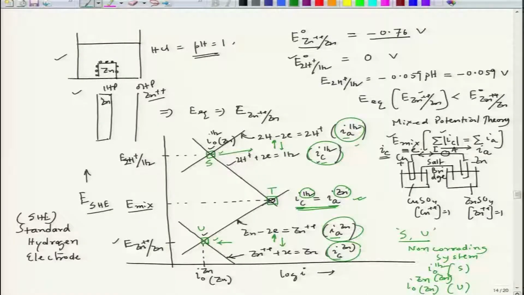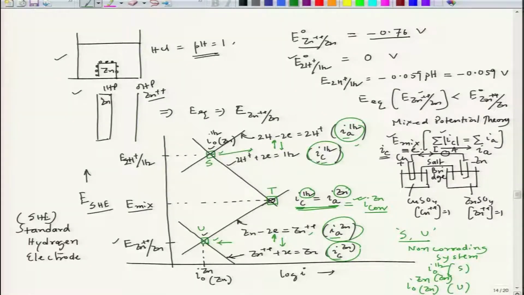Now, coming to further, just to add to this particular thing, here I can say this is nothing but I corr of zinc. Why? IA is nothing but the dissolution of zinc in the form of zinc ion. So, that is what it becomes, the corrosion current density of zinc in HCl of pH 1.